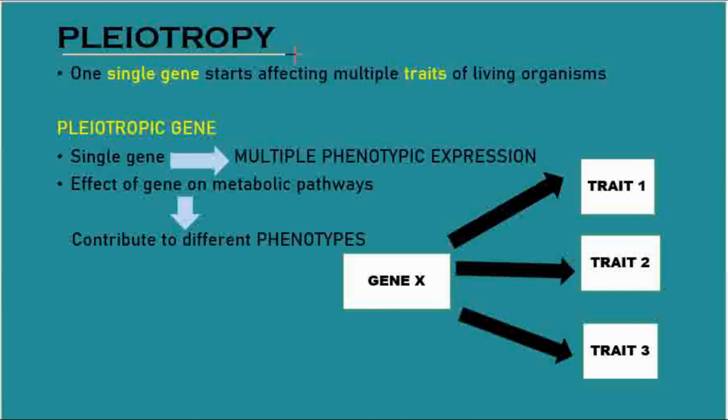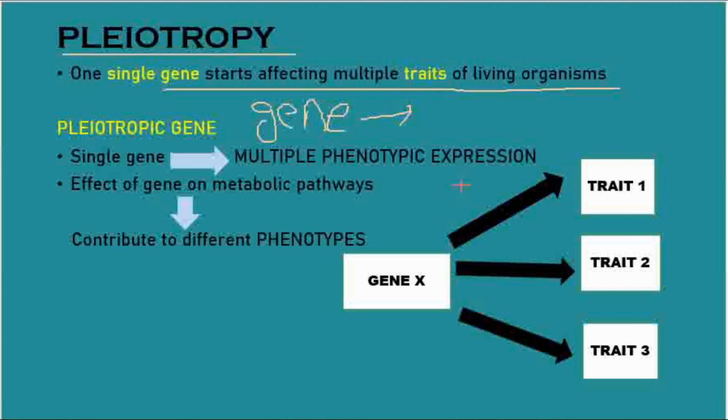So pleiotropy is nothing but a phenomenon in which one single gene starts affecting multiple traits of a living organism. You all know a gene is a part of a chromosome and it codes for a protein, which in turn is responsible for a trait or a character.